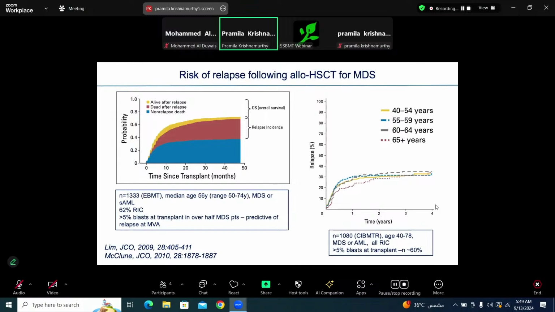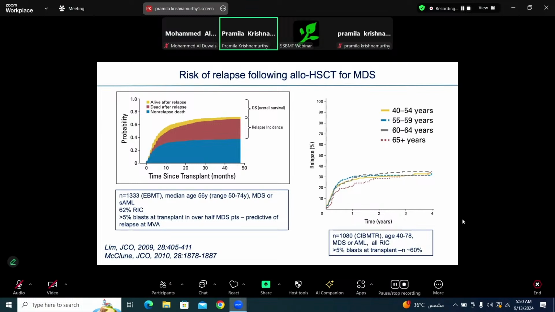I think we have seen over the years that transplant has become an increasingly used modality of treatment for patients with MDS, as we have accessed more reduced intensity conditioning based transplants, which have allowed older patients, who make up the majority of patients diagnosed with MDS, to proceed to transplant.